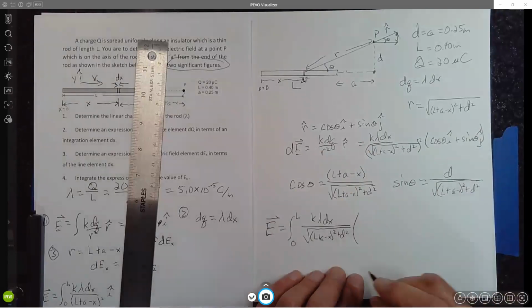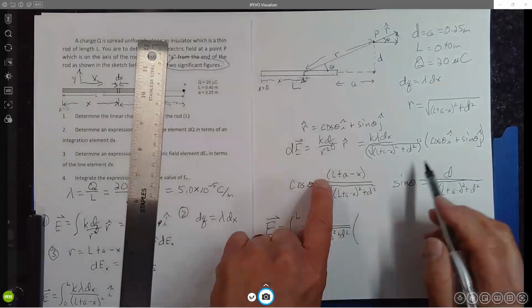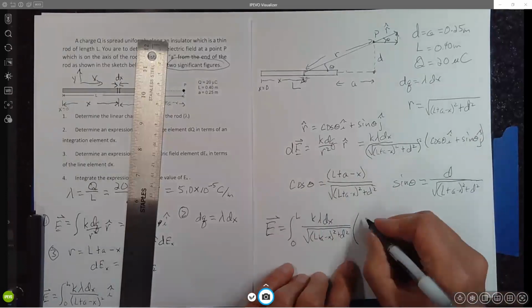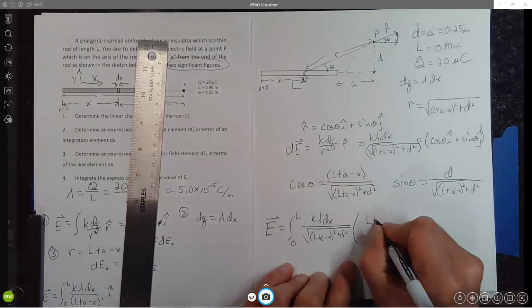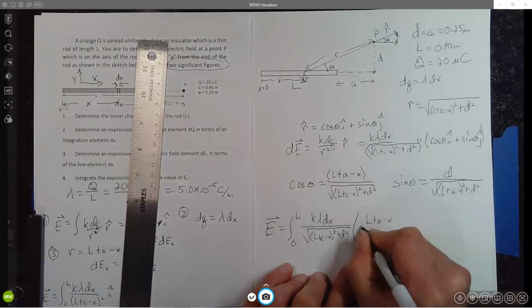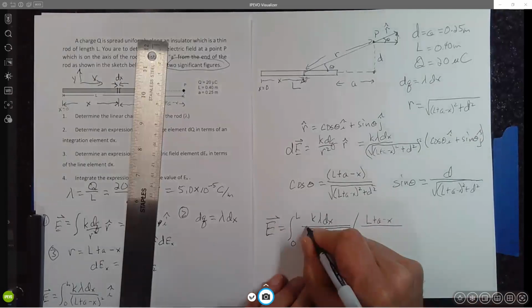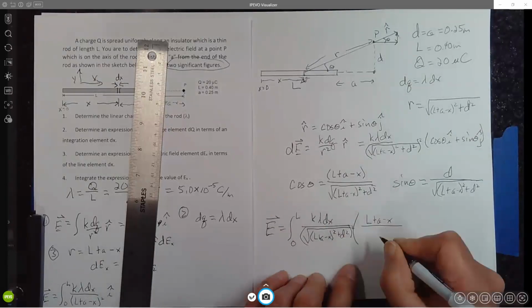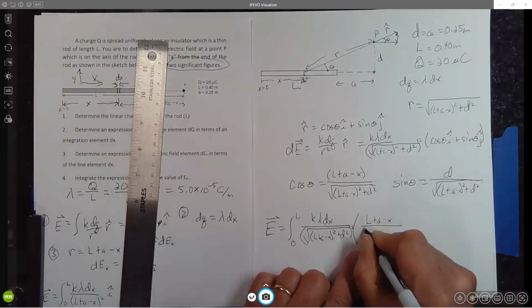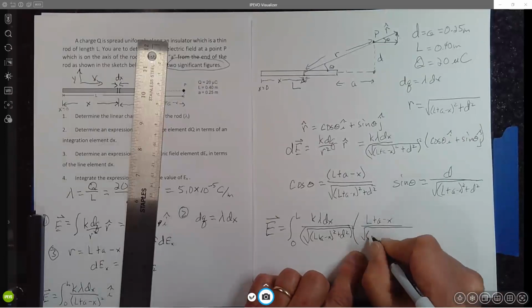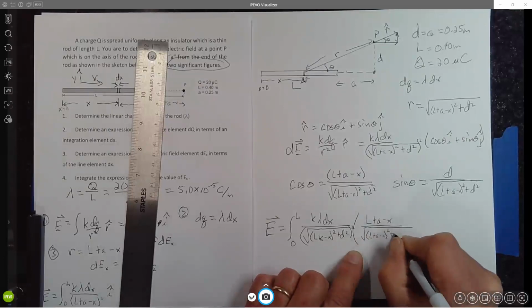But then I've got this thing in the i hat direction. So I'll have L plus a minus x. Oops, this is squared again, I forgot. And then this is just square root. L plus a minus x quantity squared plus d squared.